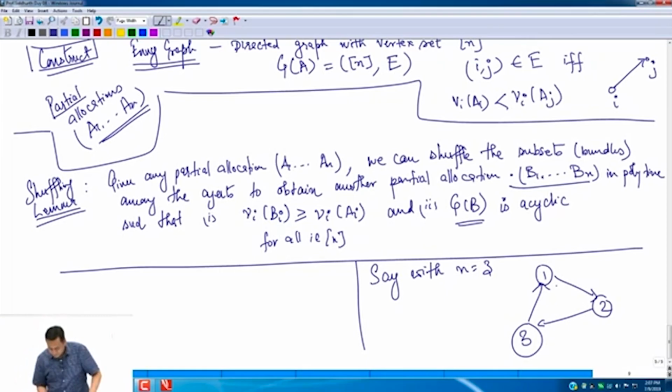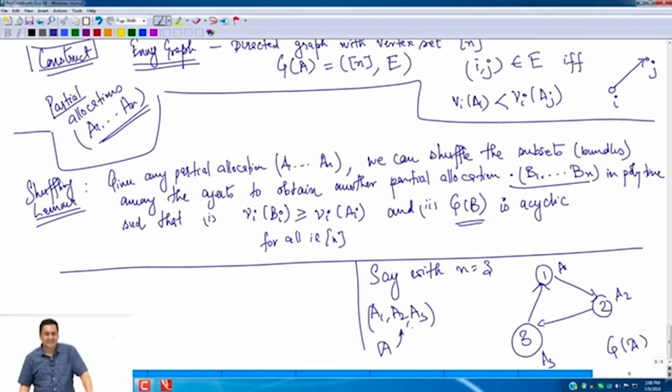So I have some partial allocation where the 3 agents are getting A1, A2, A3 respectively. But this partial allocation gave me an NV graph that was a cycle, right? So in particular, it's not acyclic, there is a directed cycle.